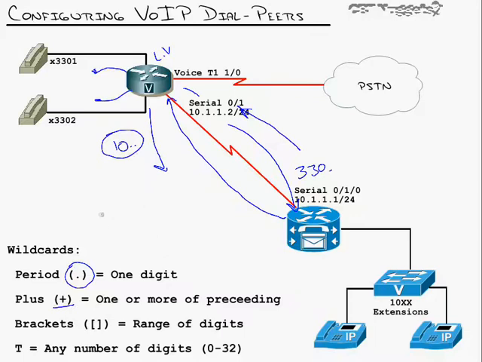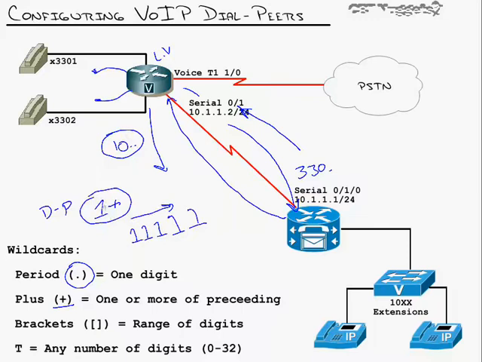So, for example, if I said destination pattern is 1 plus, that would be 1. 1 would match that because it's one or more of the preceding. 1 1 1 would match. 1 1 1 1 would match. 1 1 1 1 1. You get the idea here. So, anytime somebody dialed 1 1 or anything beyond that, it would match that destination pattern. That's what the plus does.